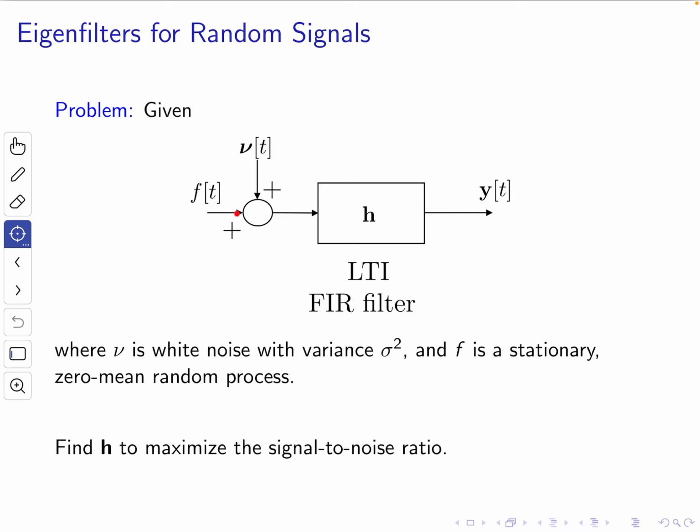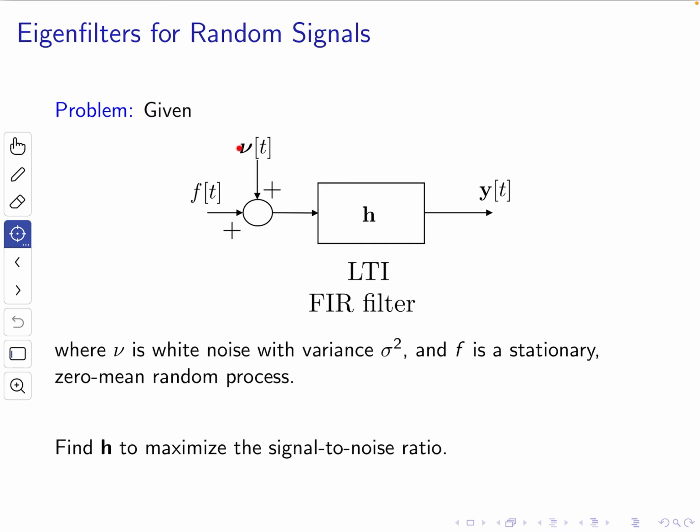So I've got a signal F that comes in, and I've got noise nu that comes in. Suppose that nu is white noise with variance sigma squared, and F is some zero mean random process. What I'd like to do is pick H to maximize the signal to noise ratio.